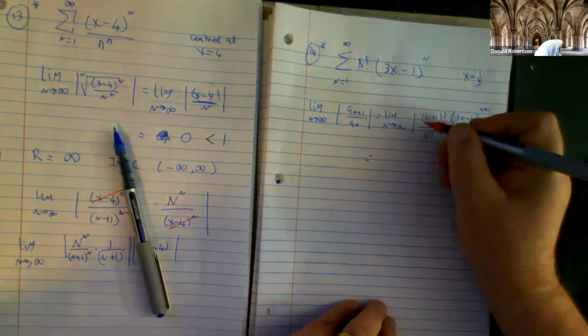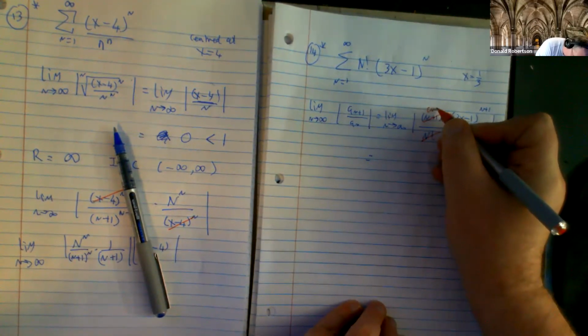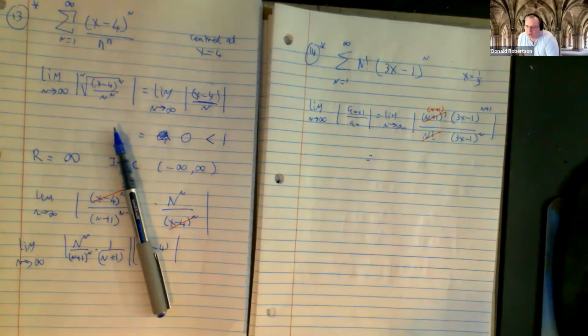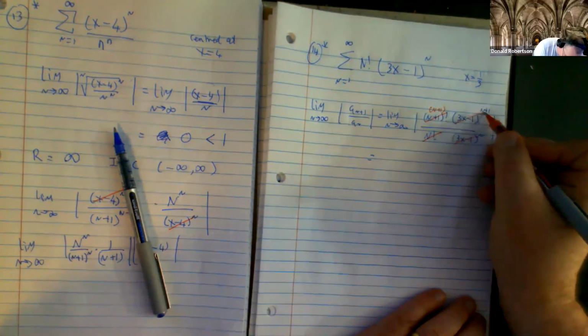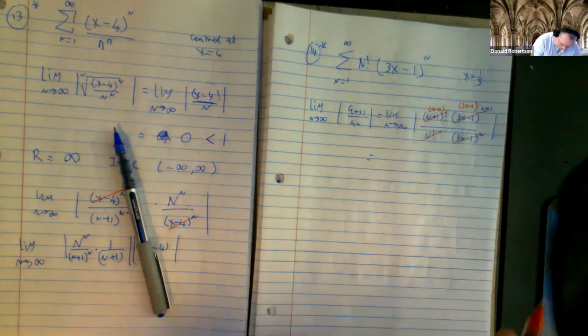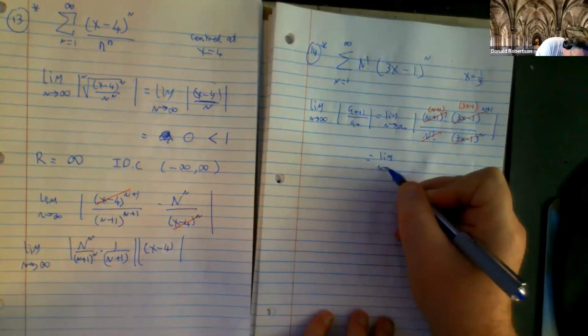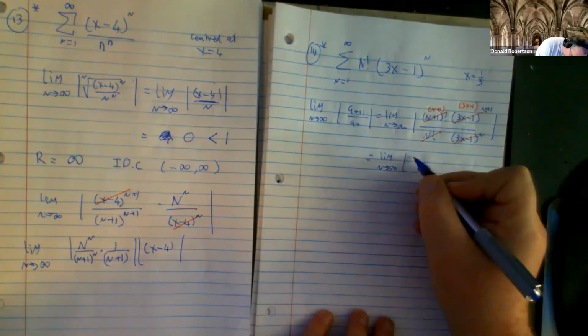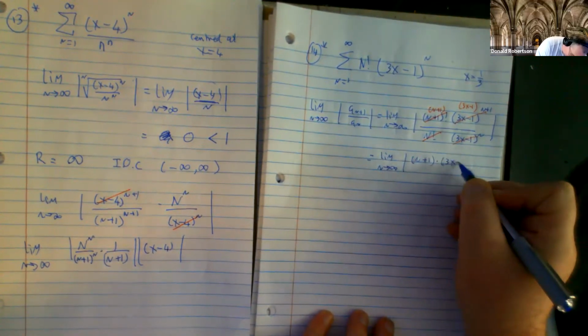Now, n plus 1 factorial cancels n factorial, but we're becoming experienced at that. So don't you get an n plus 1 left on the top? And 3x minus 1 to the n cancels out most of that, but you're left with a 3x minus 1 left over. So your simplified limit is now n plus 1 times 3x minus 1, right?